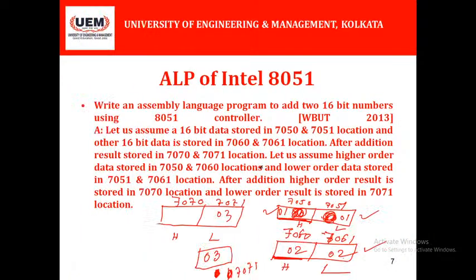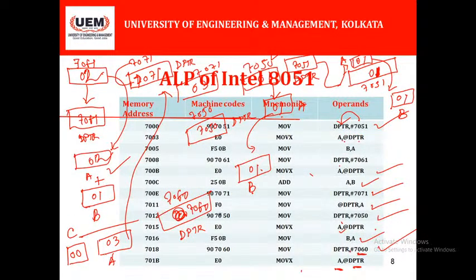Next, the 7051 value, which is 01, is transmitted to the B register, and the 7060 value is 02. That 02 value is transmitted to the A register. Now this 02 and the B value are both going to be added together.